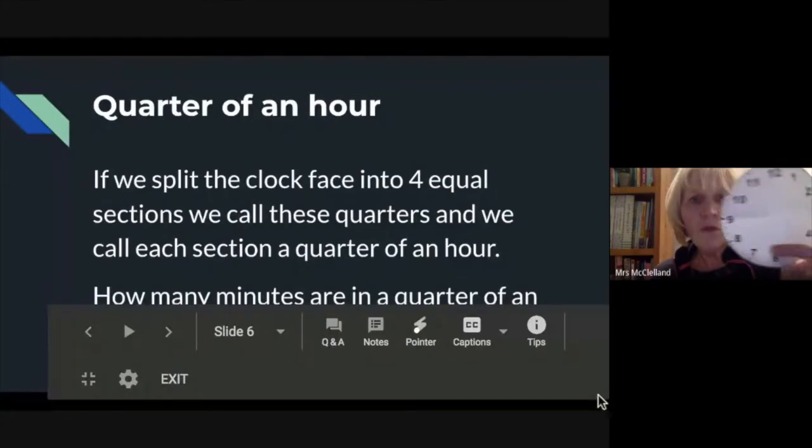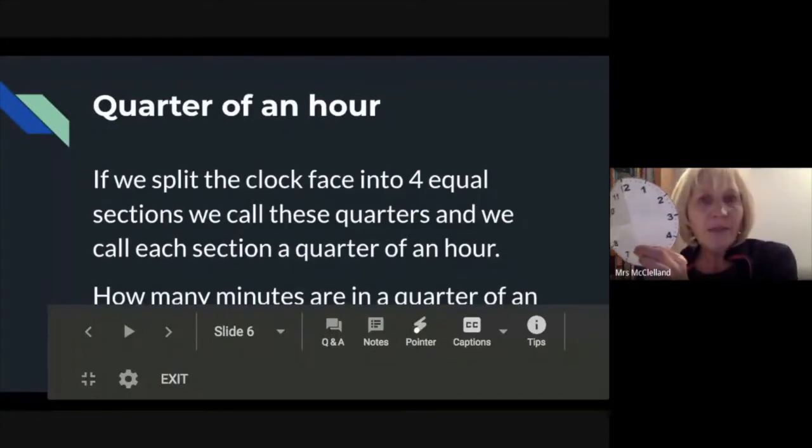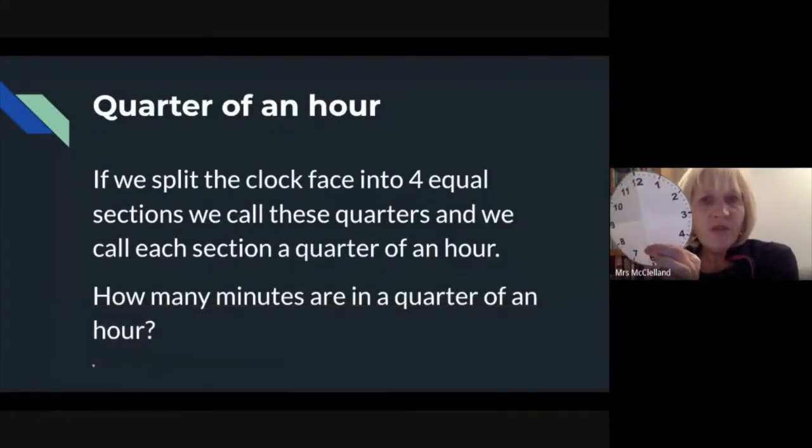So if we split the clock into 4 equal sections, as you can see with my little paper clock here, we call each of those sections 1/4 of an hour, and we can work out how many minutes are in 1/4 of an hour. I bet at school your break time is about 1/4 of an hour.